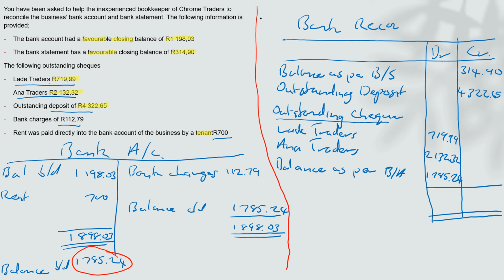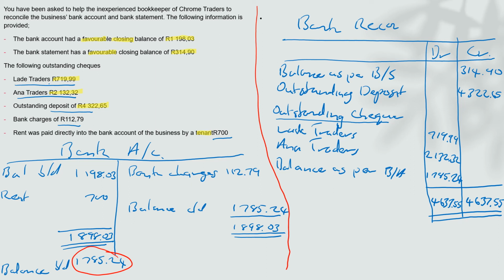That's 4,637.55. Let's add the other side. That's 314.90 plus 4,322.65. Right, so it balances off at 4,637.55. So that will be your bank reconciliation.